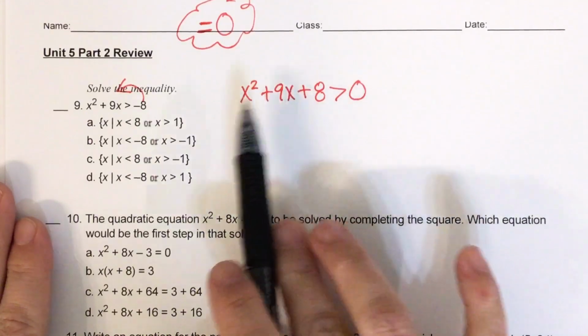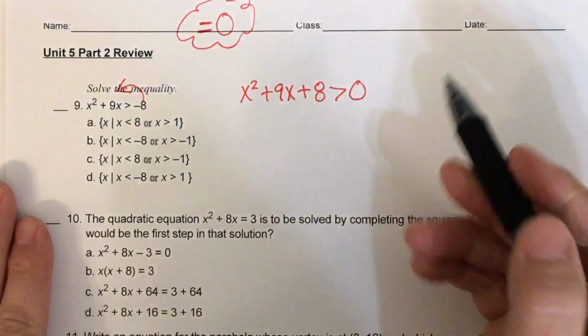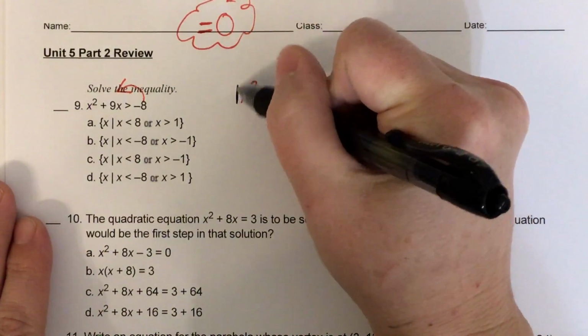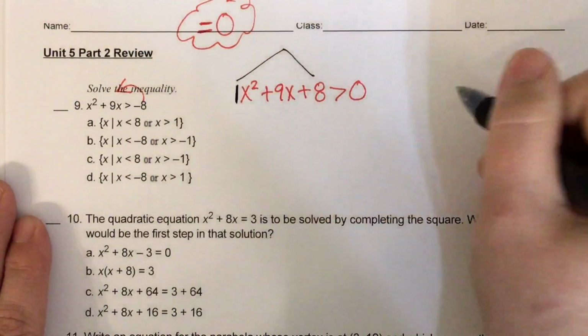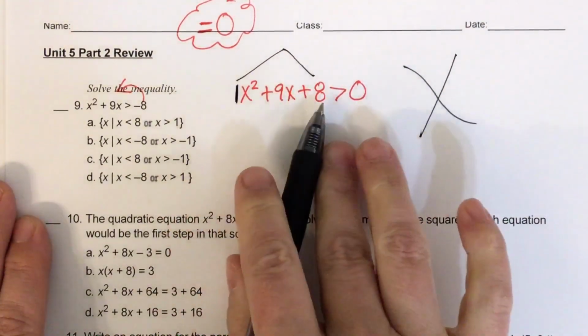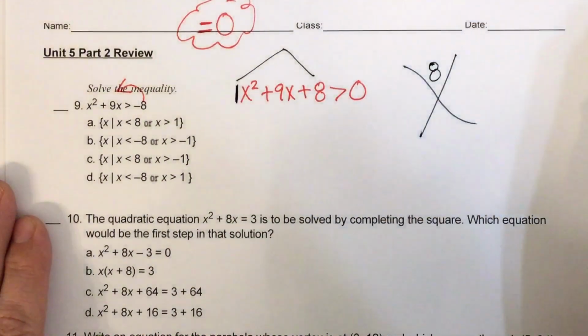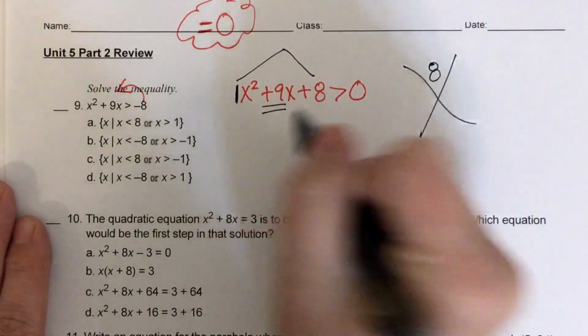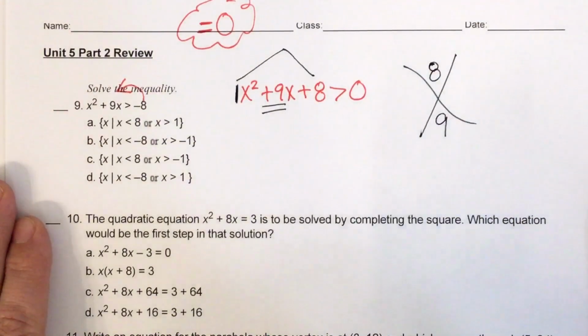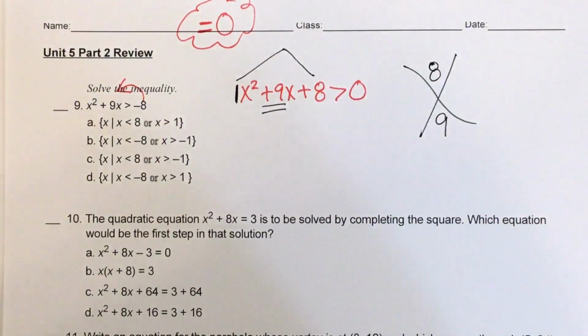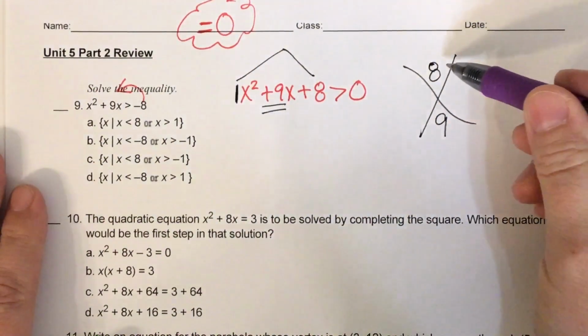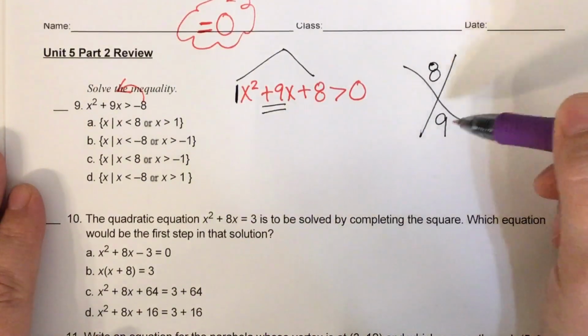Then it's 1, 2, 3 terms, so we're going to do A times C rooftop, and it's the easy one. So when I take A times C, I take 1 times 8, that's 8. I want the numbers to add to make B, the middle number, which is 9. So I'm looking for two numbers that multiply to make 8 and add to make 9.